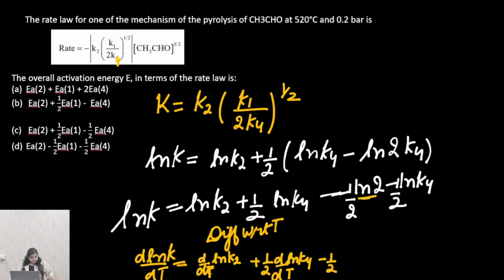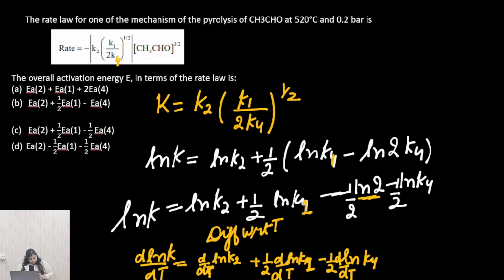Now differentiation of the natural log of 2 with respect to the temperature is going to be equal to 0, because ln 2 is a constant. So this I am not including. D by dT of natural log of K4, it will be there. Okay, this is K1 and this one is K4.